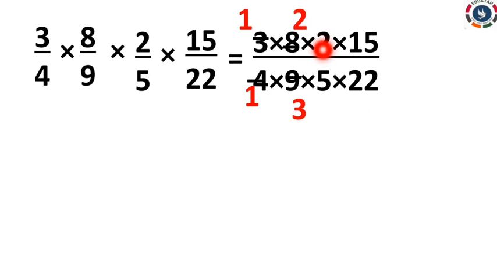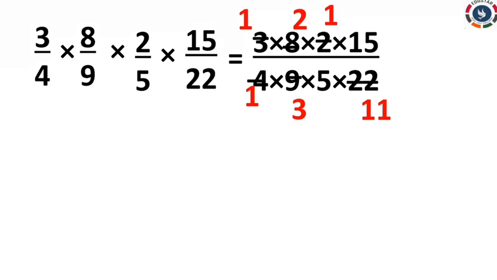How many times is 2 in 2? Only one time. So cancel 2, write 1 at the top. In 22, how many times is 2? 11 times. 11 2's are 22. So cancel 22, write 11.